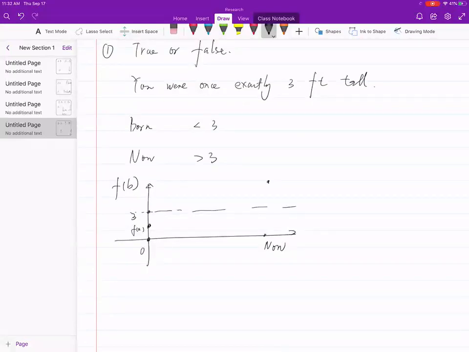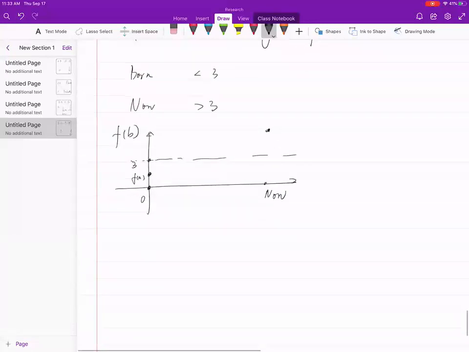It means this has to intersect with that. Can you see that's exactly the intermediate value theorem? And you assumed something which you didn't say, that your growth is continuous. There's no way you can say I'm 2 feet right now, then blink your eyes and I'm 4 feet now. It's not possible, right? You have to go increment by increment. Great.